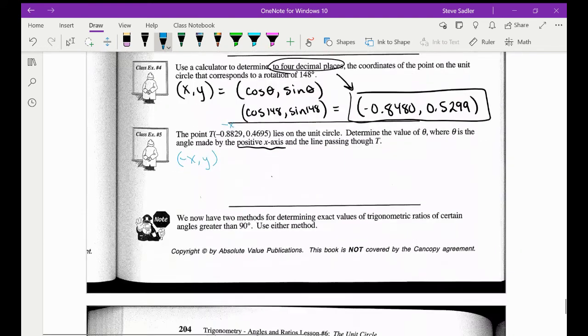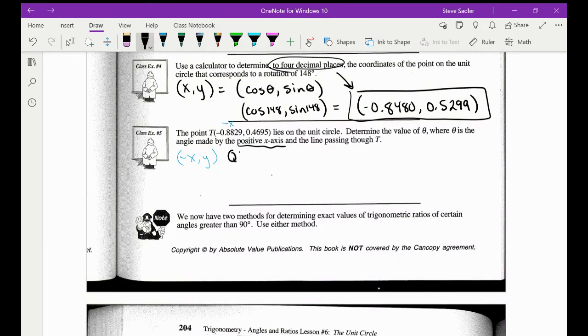So we know we're dealing with quadrant 2. And we know that x, y is the same as cos theta, sine theta. So we know cos theta is negative 0.8829. And sine theta is 0.4695.